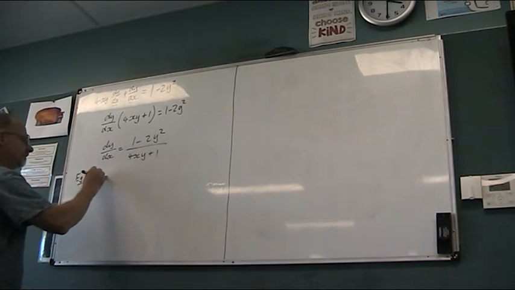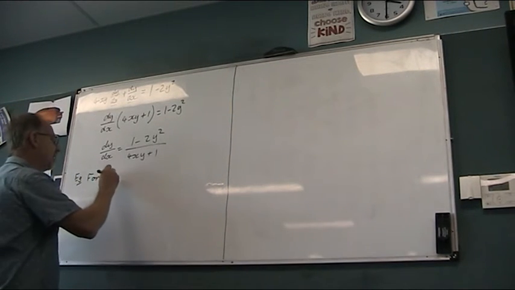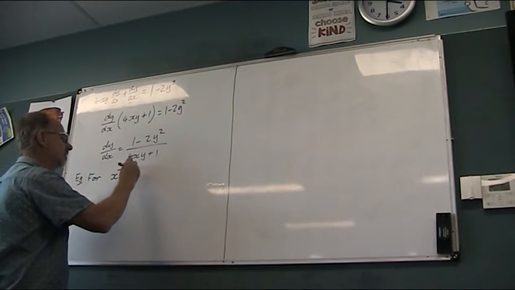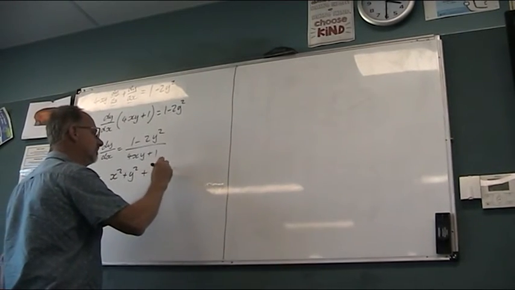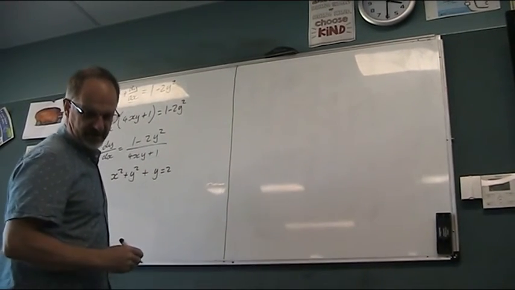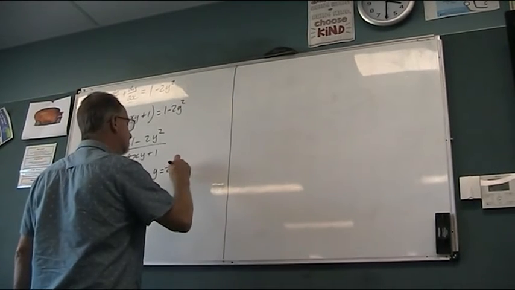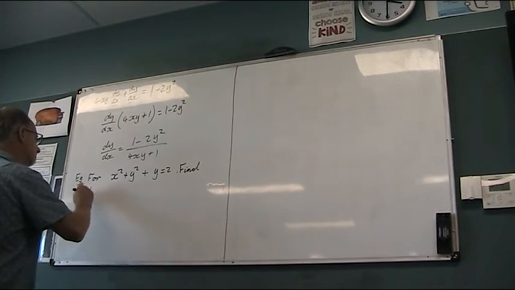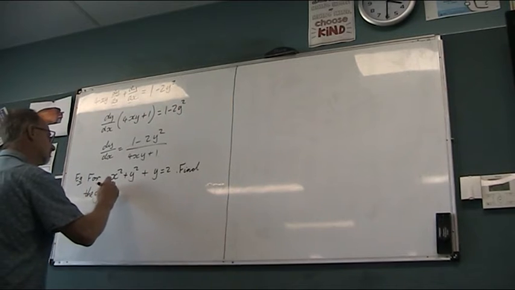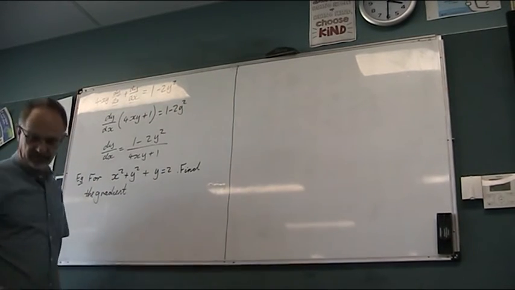So for this one it's x squared plus y squared plus y equals 2. Find the gradient of the tangent. Actually, I've made a mistake there.